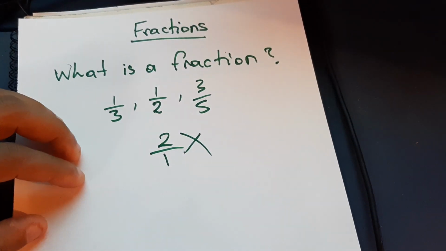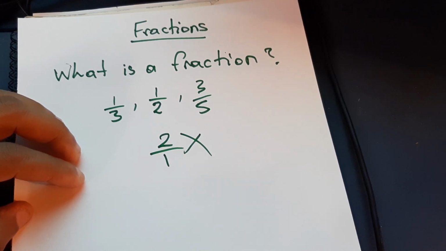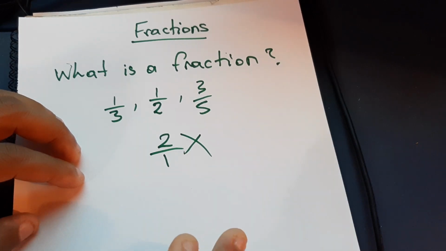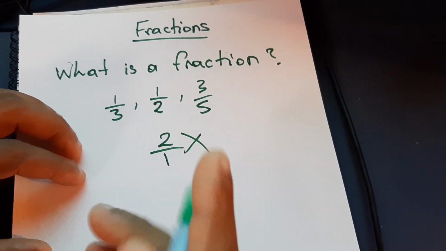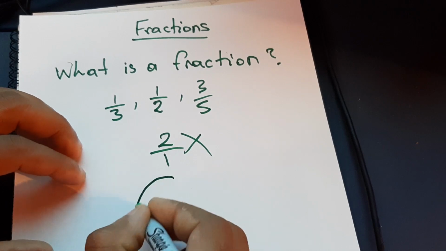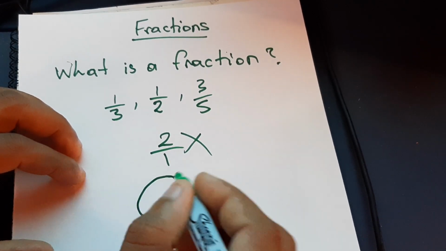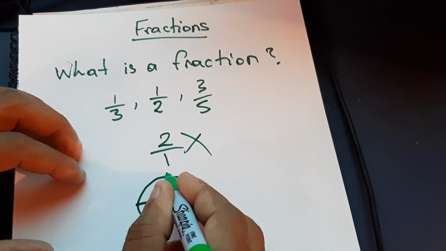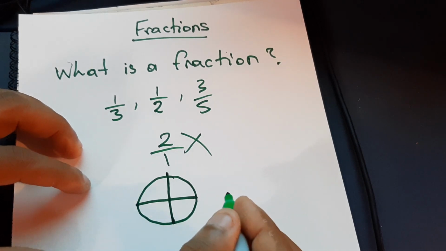So basically we could also say that a fraction is a part of a whole, or a fraction is something that tells us how much we have of a whole. For example, let's say this represents a cake, and I'm going to divide this cake into 4 equal sections.